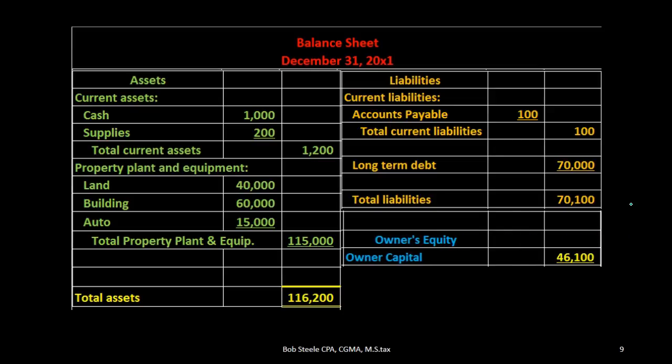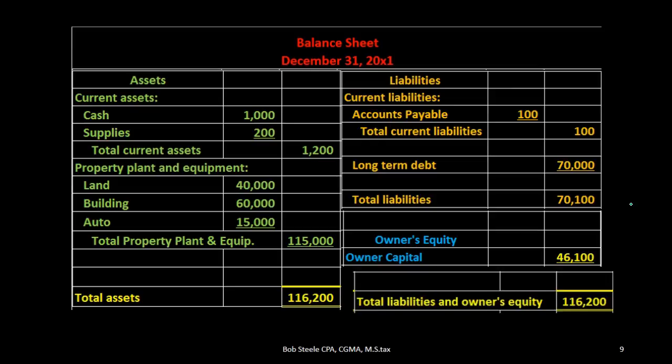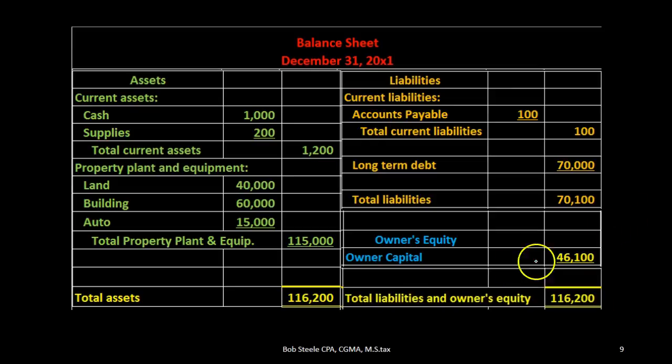That's the $46,100. Therefore, assets equal liabilities plus equity, meaning assets on the left-hand side, the $116,200 of stuff we own, is equivalent to the $70,100 liabilities we owe to third party, plus the $46,100 that we owe to the owner. That's why the double entry accounting system is another format of saying the same thing in terms of the accounting equation, as well as in terms of saying the balance sheet is in balance.